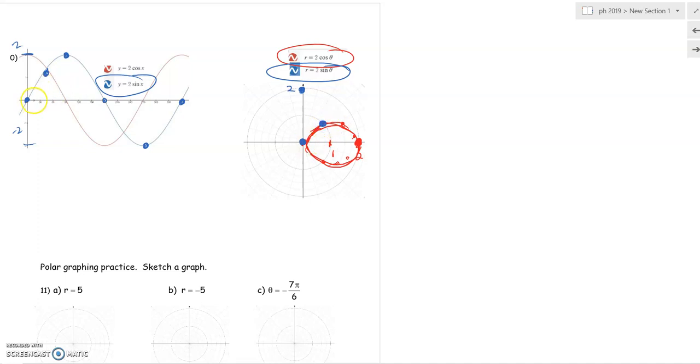And notice as we're going from 0 to 45, our y value in the Cartesian coordinate system is getting larger, so we notice that our r value is getting larger. And from 45 degrees to 90 degrees, again, the y value is getting larger, the r value is getting larger, getting closer and closer to 2. Now, when you go from 90 degrees to 180 degrees, that's going from 2, and it's getting closer and closer to 0.